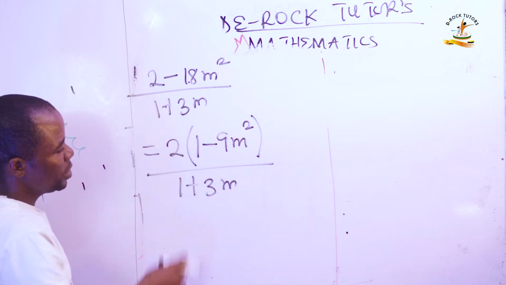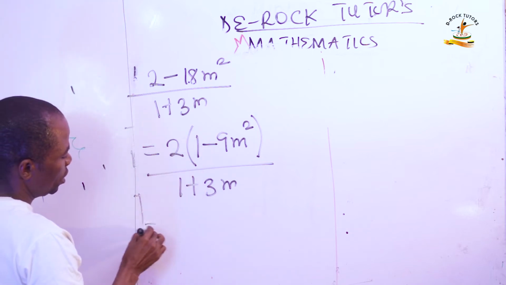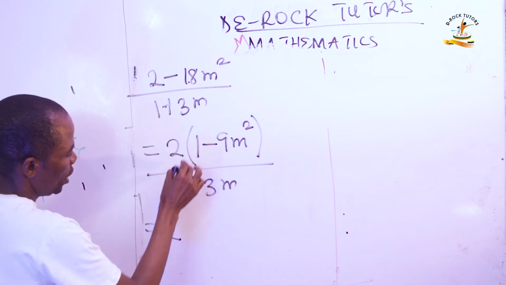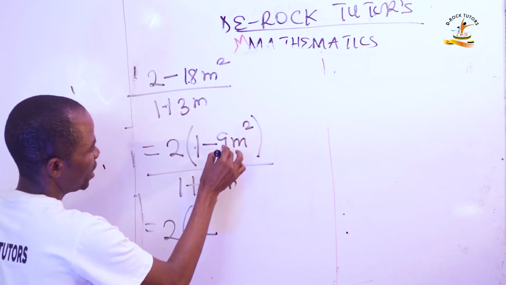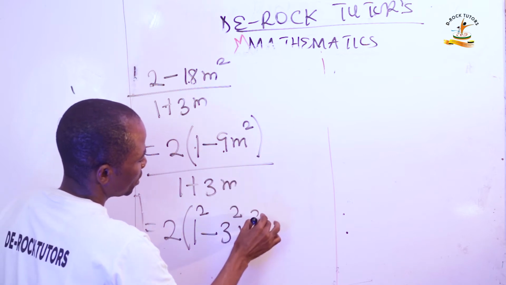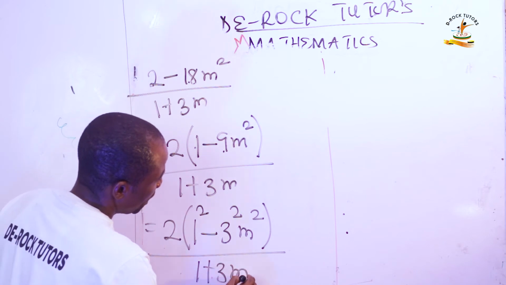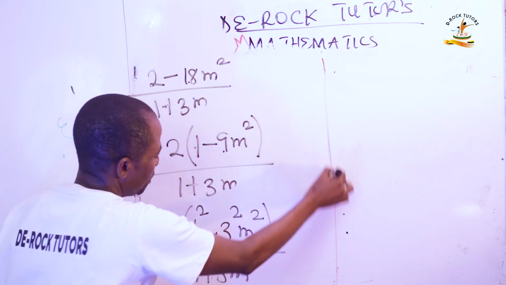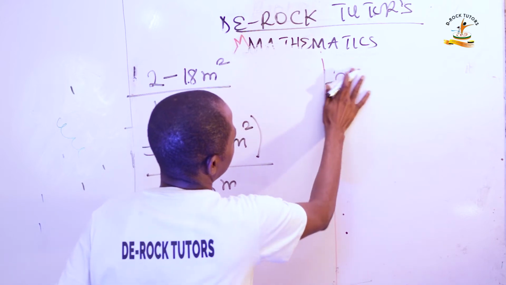What's in the bracket can be written as a form of squares. This is now going to be 2 into 1 squared minus 3 squared m squared, all over 1 plus 3m.